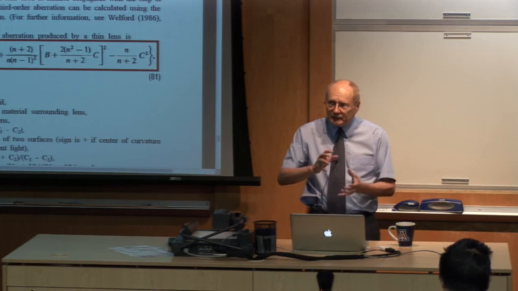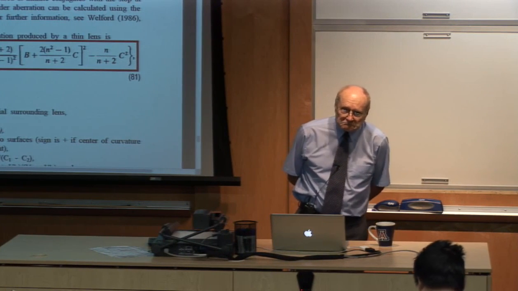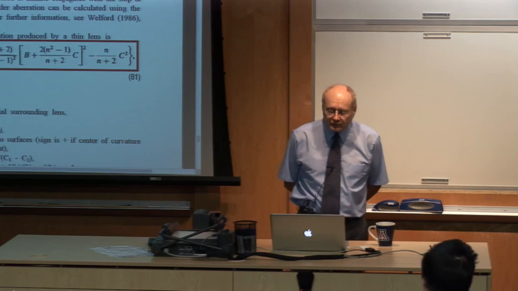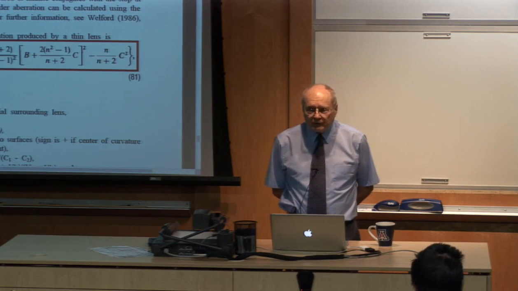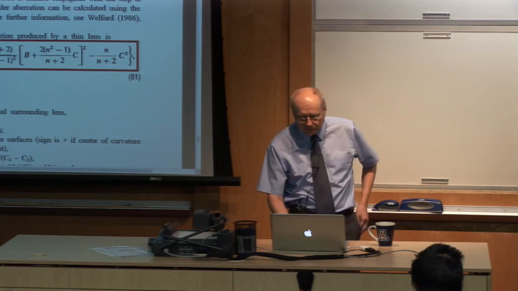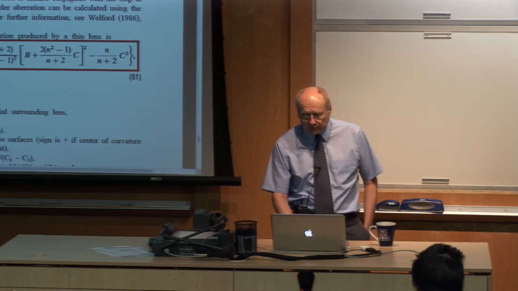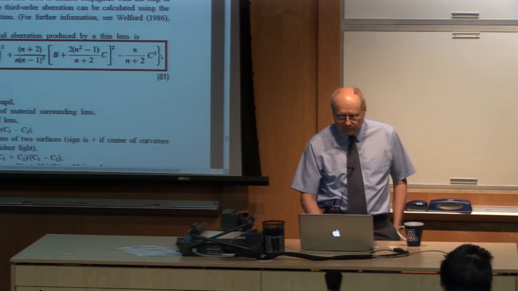And what you really want is you're trying to distribute the bending of the light between the two sides. If you had it incident on the plane side, you'd have no bending of the light, no refraction of the light on that side, and all the refraction would come on the other side. And if you put it on the curved side, then it's going to be shared between the two sides, and you'll get less spherical.